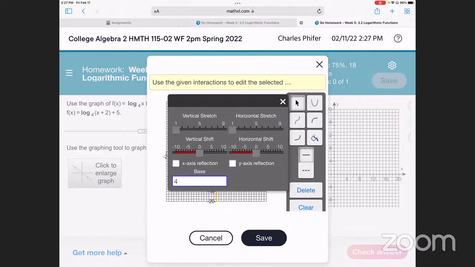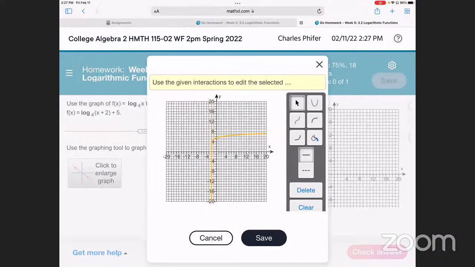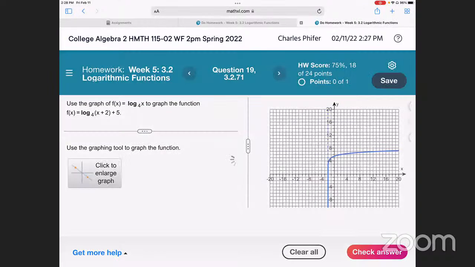So this says to go left 2, and then that +5 on the outside says to go up by 5. So we go horizontal left by 2, and then vertical up by 5. That's it, no reflection. We went left 2, save, and check.